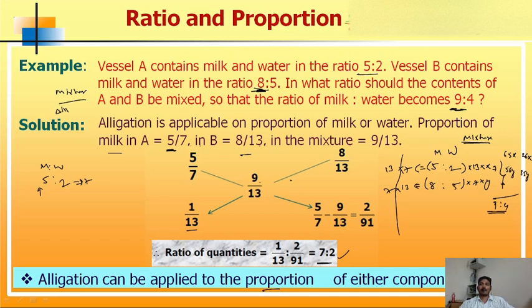So 65x plus 56y divided by 26x plus 35y equals 9 by 4. If we simplify this equation, we will get the x to y ratio as 7:2, similar to the previous method.